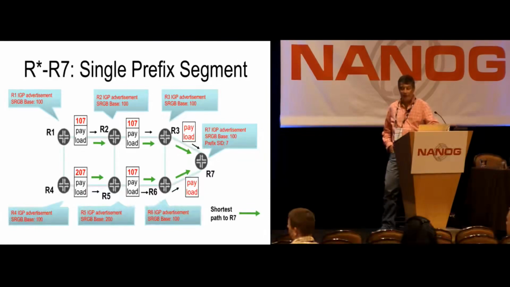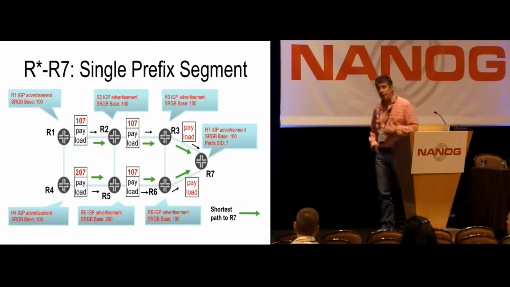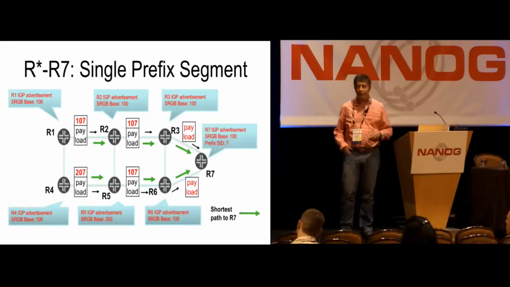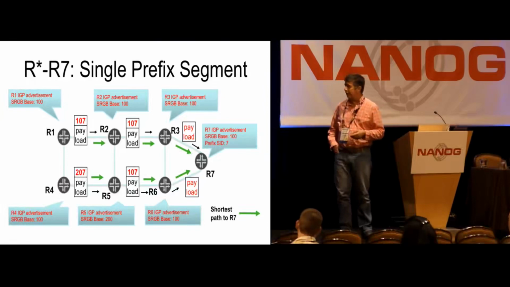R2 gets the packet. He says, oh, my SRGB starts with 100, so this must be SID7. How do I get it to R7? Well, through R3. And by the way, I can do penultimate hop popping in this case. So he pops the label altogether and sends it to R3. R3 forwards it to R7.